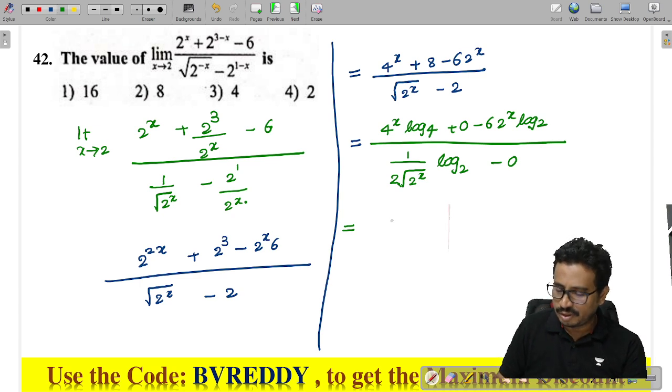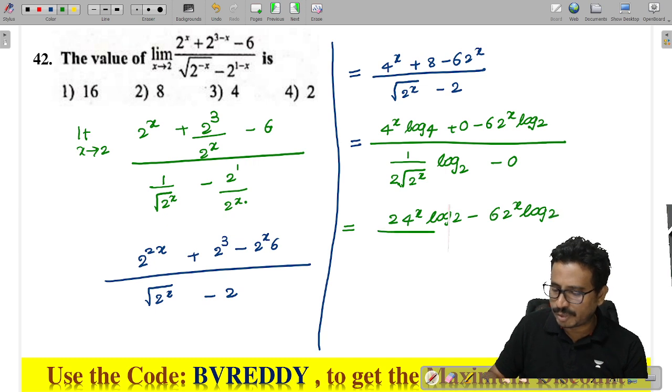So it becomes 2 into 4 power x into log 2 minus 6 into 2 power x into log 2, by 1 by 2 into square root of 2 power x into log 2.